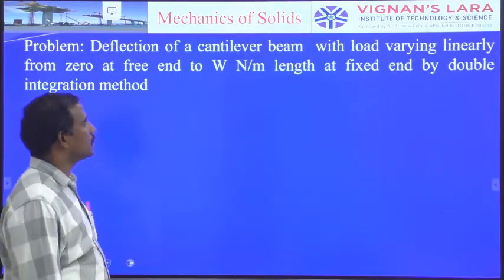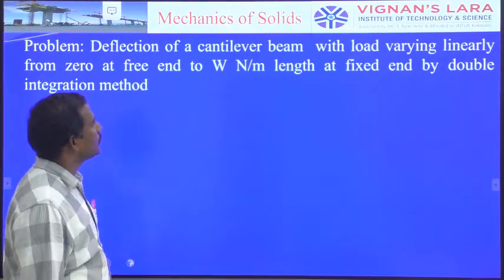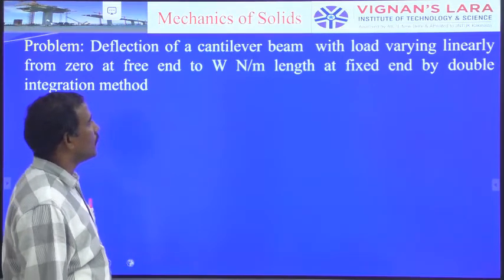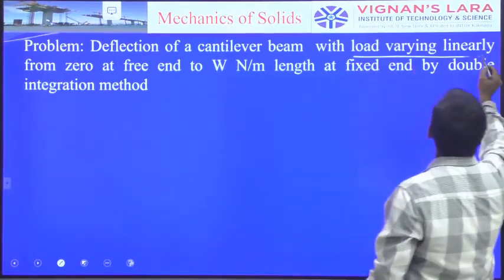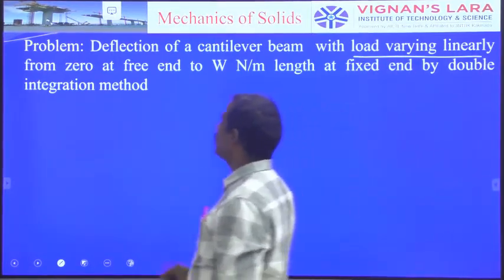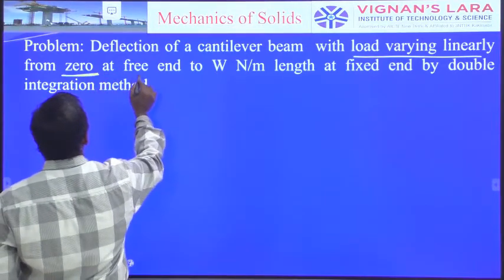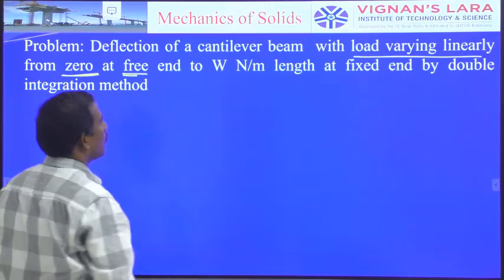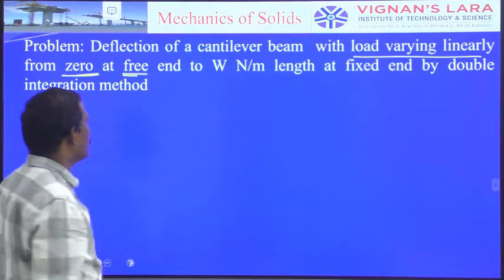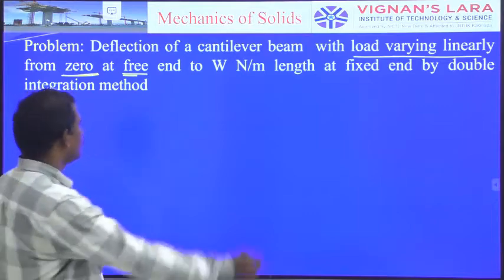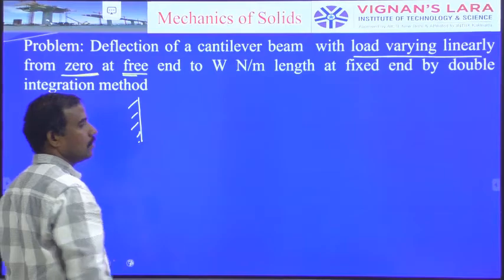Now let us consider the same cantilever beam subjected to a load varying linearly from 0 at free end to W Newton per meter length at fixed end. Based on given data, we formulate the problem.